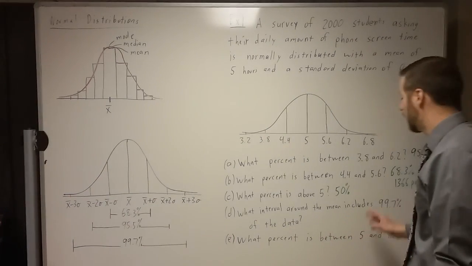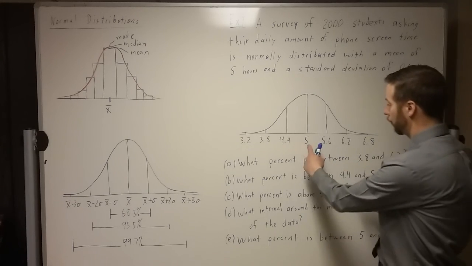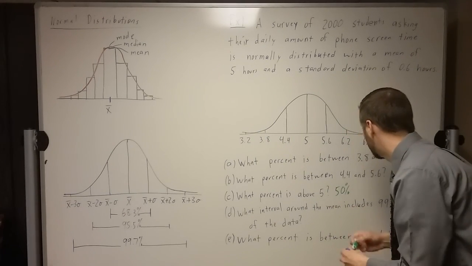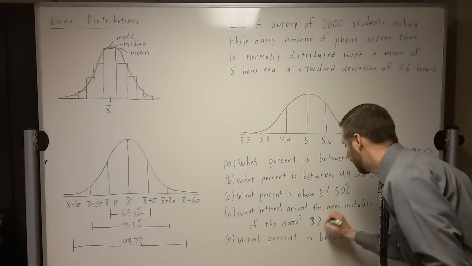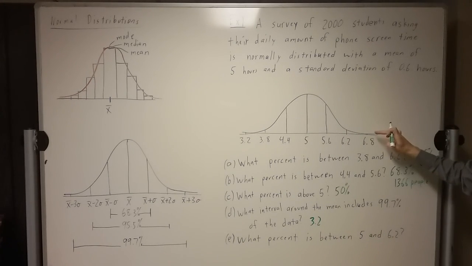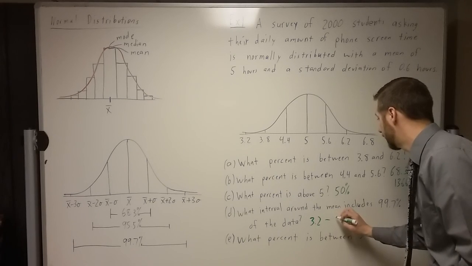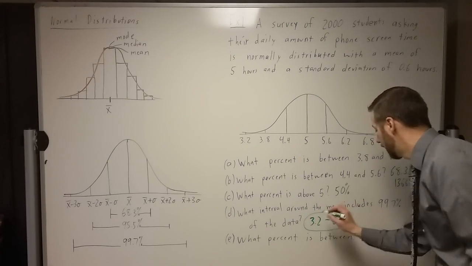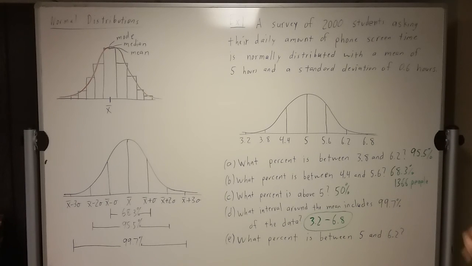And so the interval would be going 3 standard deviations below, so 3.2 for the low range, up to 1, 2, 3 standard deviations above, and so that's 6.8 for the high range. And so the interval that would include 99.7% of the data is the interval from 3.2 to 6.8 hours.